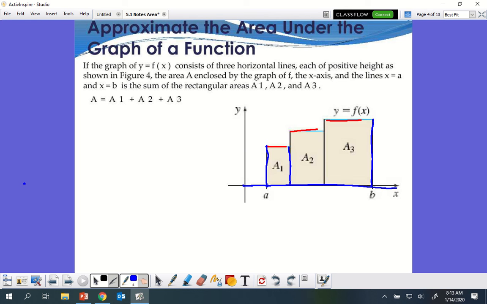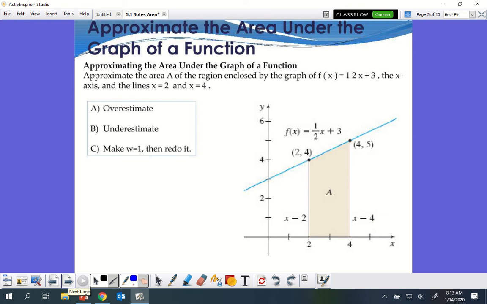Okay, so I figure out whatever my function is here, that encloses the top, and then whatever my x1 right here would be, so whatever the distance for that, times the height, which in this case would be my f of x. Same thing for A2 and A3. And then what would I do to get the total? Yeah, there we go. Add them up.